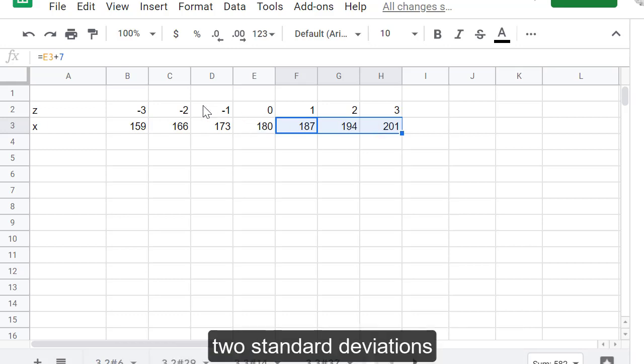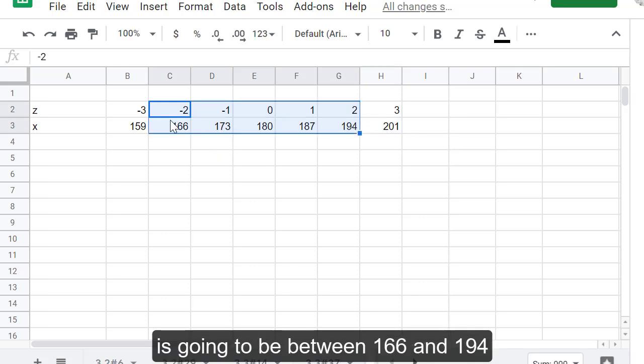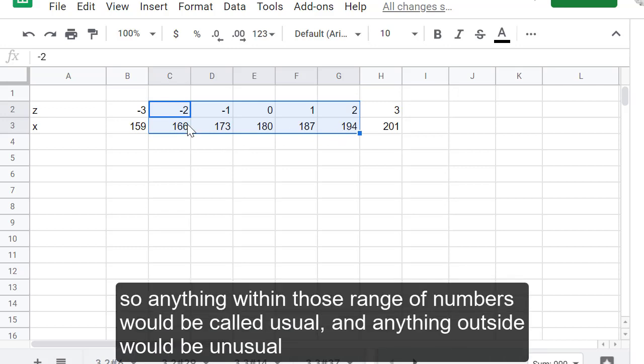So 2 standard deviations is going to be between 166 and 194. So anything within that range of numbers would be called usual, and anything outside would be unusual.